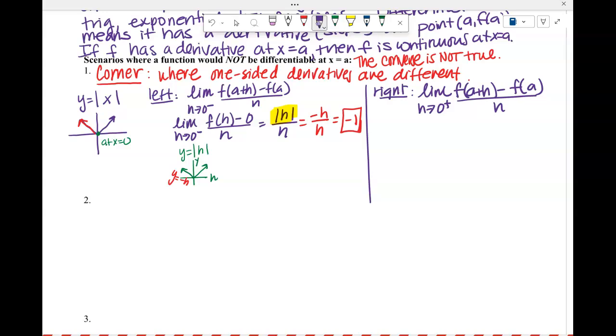And again, a is going to be 0. So limit as h approaches 0 from the right, 0 plus h is h, f of 0 is 0. So similar process, and again, we're back to absolute value of h over h.